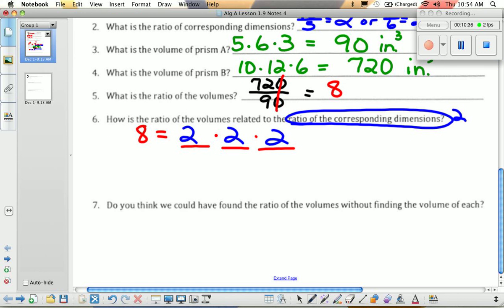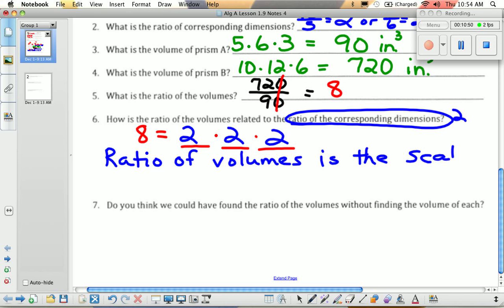Well, the ratio of volumes is the scale factor times itself, the ratio of corresponding dimensions, also known as the scale factor.